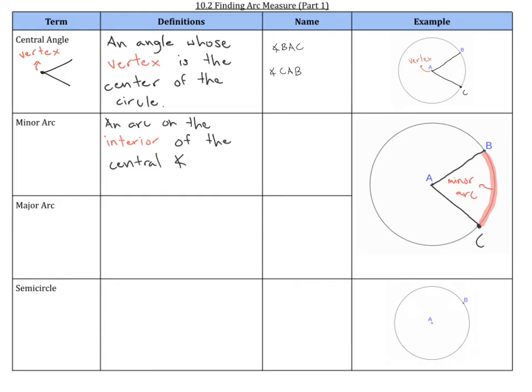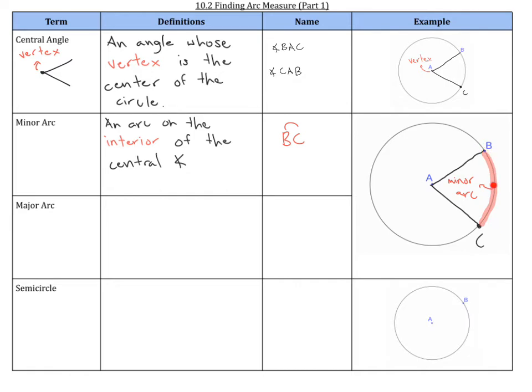How do we name this minor arc? To name minor arcs, typically we just use 2 letters that are the endpoints of the arc, and then we draw a little arc on top like so. Now, keep in mind that when we are traveling along the circle or along these arcs, if I say arc BC, I'm referring to the shortest pathway that will get me from point B to point C. I'm not going to go the roundabout way that takes longer, because that's not how we typically define arcs, or segments for that matter.